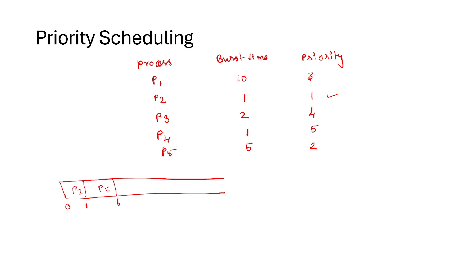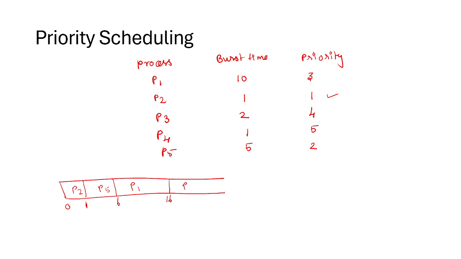After P5, P1 has the next highest priority. The execution time of P1 is 10 milliseconds, so 6 plus 10, it takes up to 16 milliseconds. After P1, the highest priority job is P3.